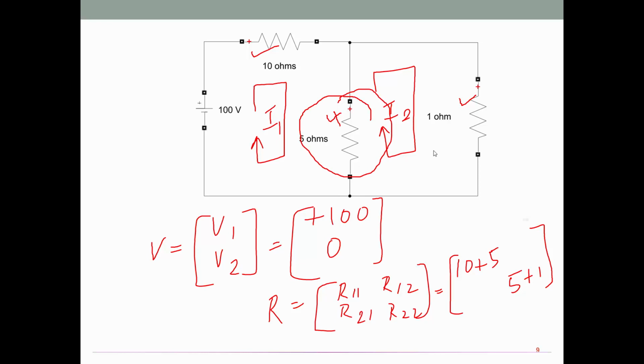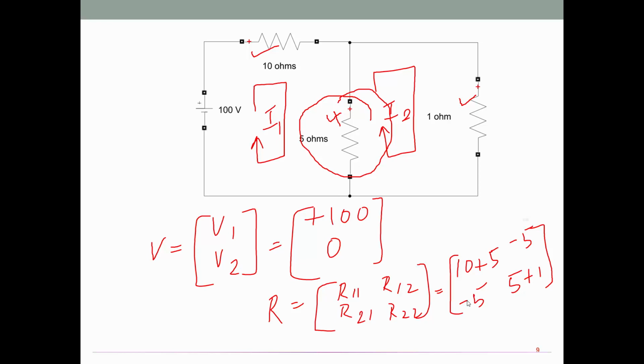Moreover, we have to find out the sign of this 5 ohm. Both off diagonal elements are same, but the sign of this 5. For that, you have to consider loop current direction. I1 is downward, I2 is upward. Acting opposite to each other, you take it as minus sign.